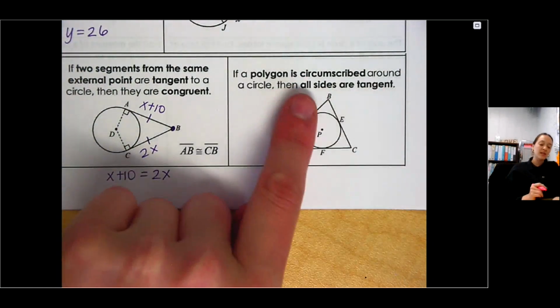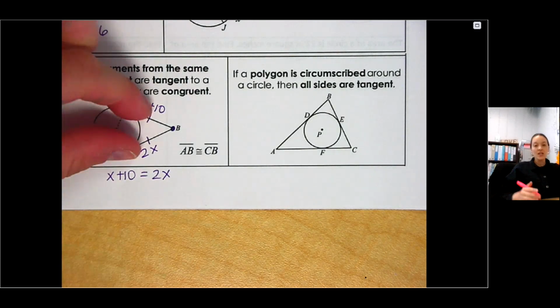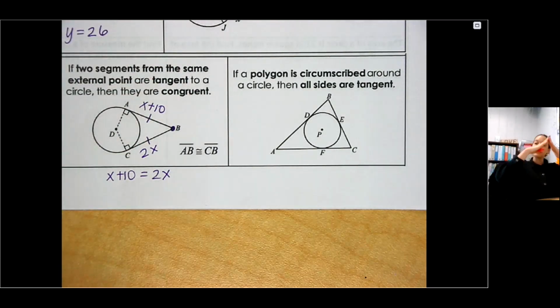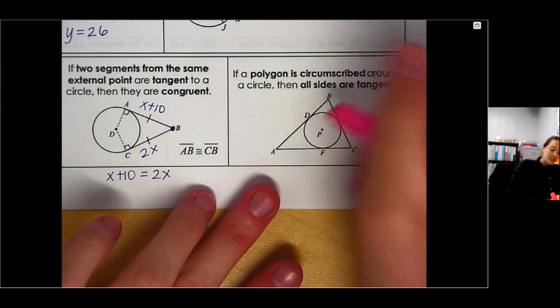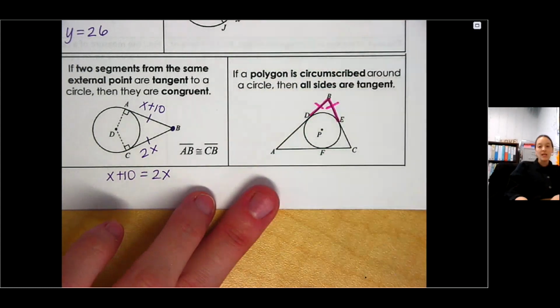Okay, so if you've got your polygon circumscribed around a circle, all of the sides are tangents. So just like here, the two lines that meet up at the same point are going to be congruent to each other. So BD, for example, is going to be congruent to BE. Those two pieces will be the same.